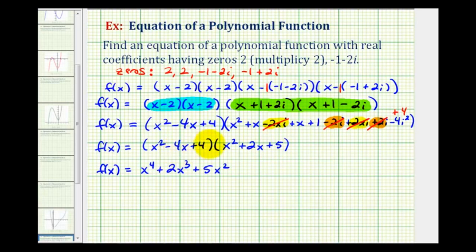So negative 4x times x squared is minus 4x cubed. I'm going to go ahead and write this under the x cubed term. This will make combining like terms much easier. Negative 4x times positive 2x, that's minus 8x squared, which I'll put under the x squared term. Then we have negative 4x times 5, that's minus 20x.